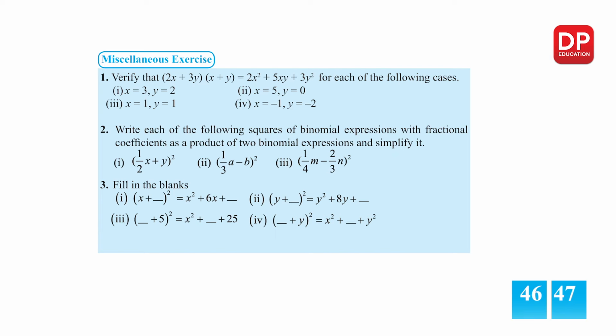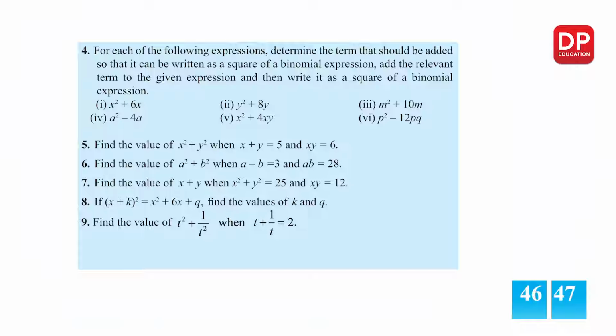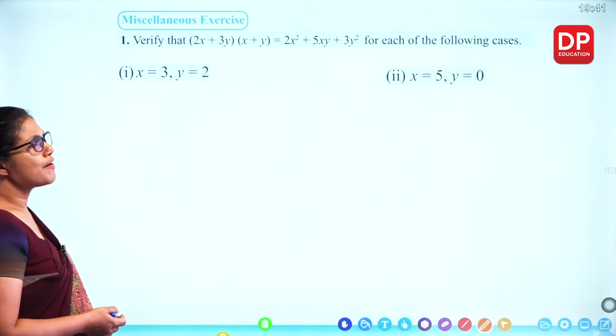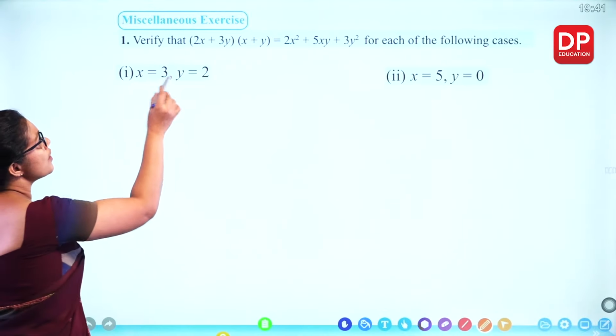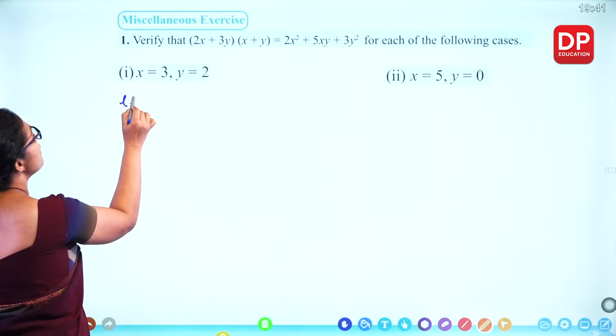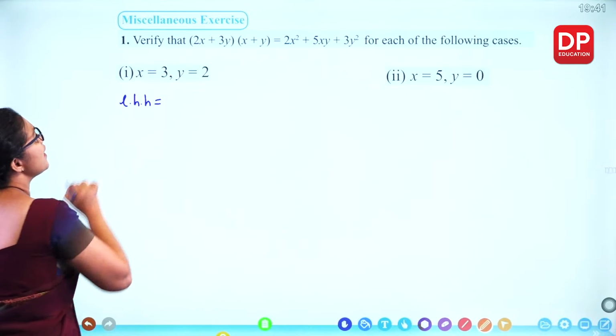Now we'll take the next one. You have been given different x and y values and the same question, you are asked to verify both sides. When you are doing that, you can take the left hand side first and find out the answer.